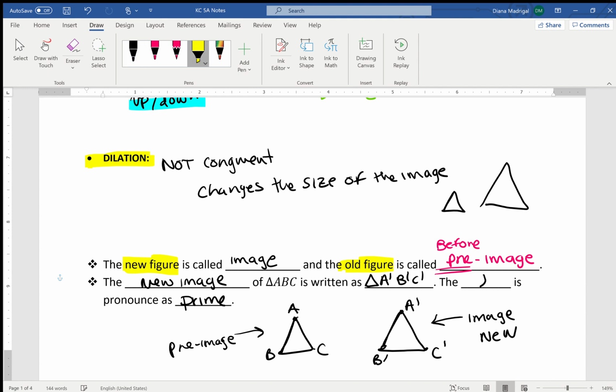Why? Because of the little dashes next to your letters. Remember the little dashes, the prime? Those represent the new image. So they're going to ask you what kind of transformation happened from the pre-image to the image, from the old to the new. What happened?